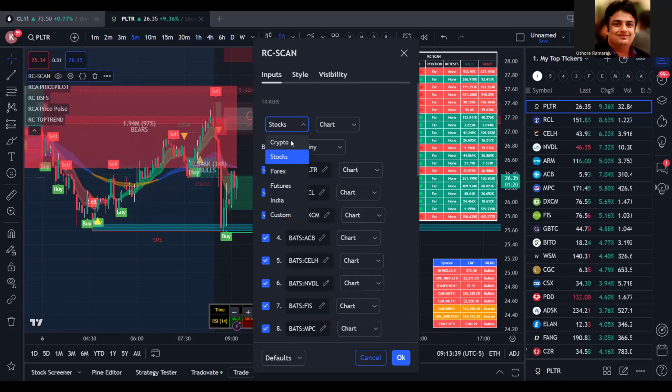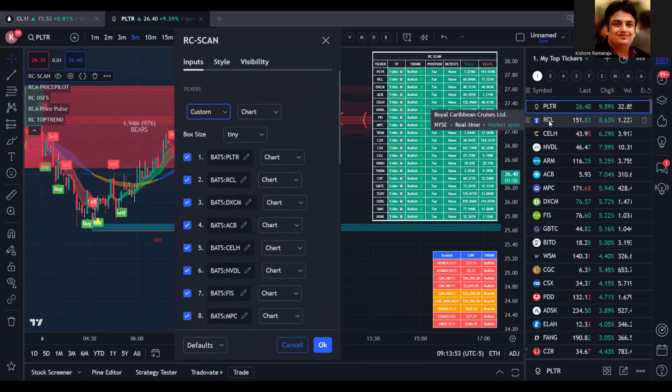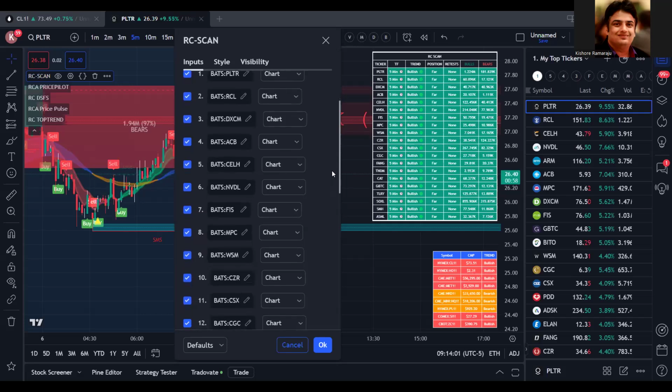Then you can have all the cryptos, all the forex, futures. If you want to, you can have India stocks. In the same way, you have custom, where you can define whichever tickers you want. For example, today PLTR is moving good, RCL is moving good, CLH is moving good, DXEM. So whichever tickers are moving good, you can add them.